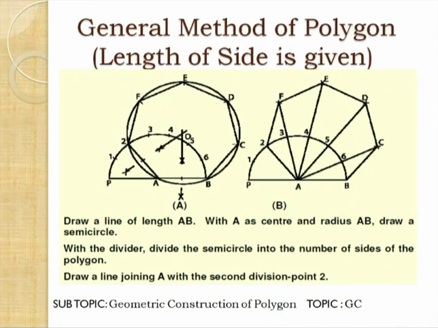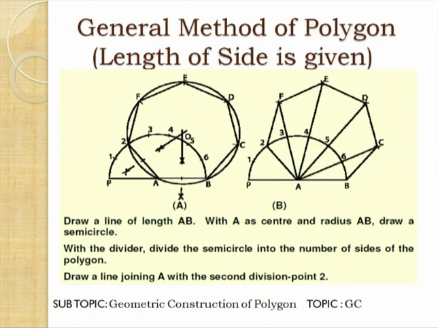Then again on this circle, you cut arcs by taking successively center B, and length equal to the length of the side. So we will get the points C, D, E, F. You join all these points in sequence on the circumference of the circle.